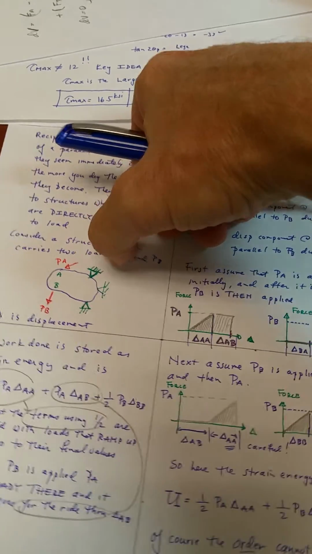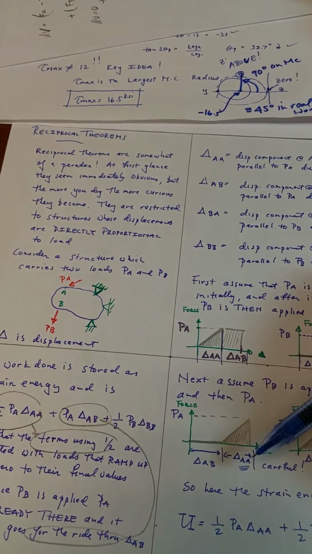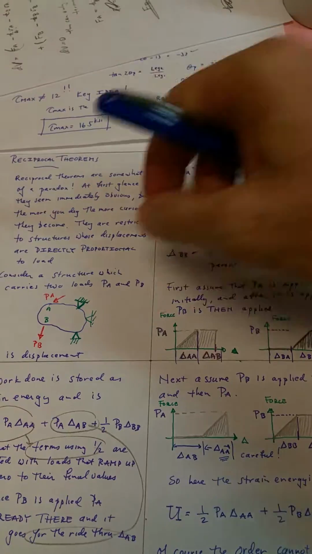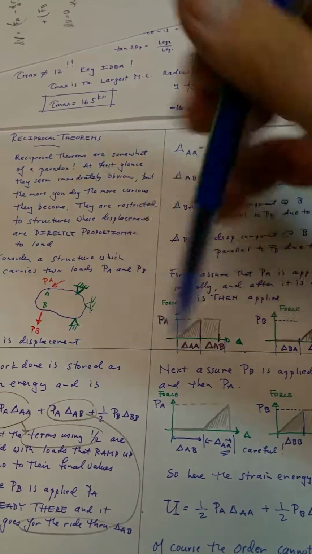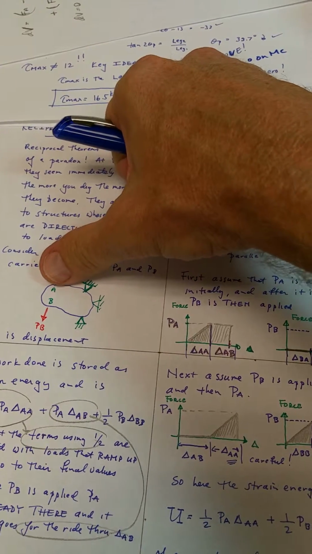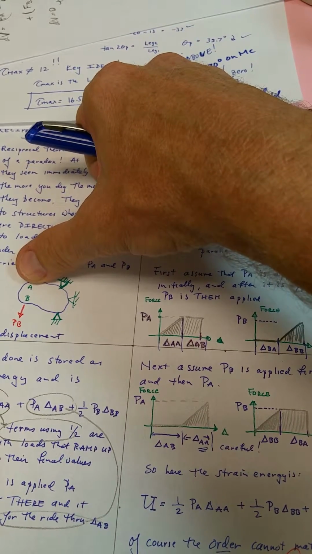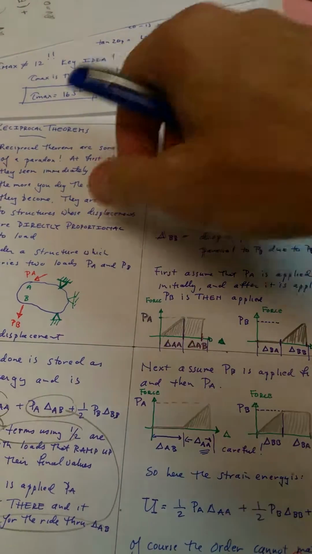And then PA shows up, and it's in line with delta AA here. So just be careful with these subscripts. Then we have what's going on from PB. Well, PB is there, PA isn't. So we have delta BB and PB, that's the triangle right here. That shows up nice and neat, no problem there.